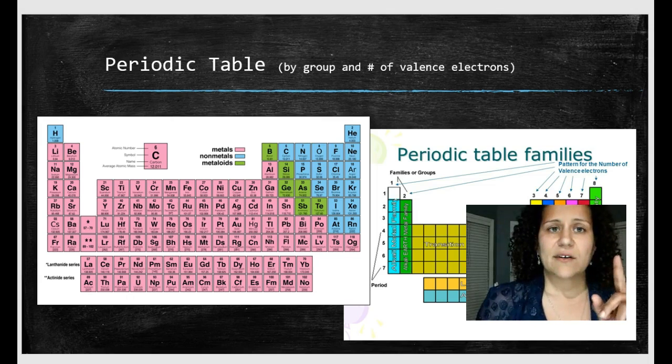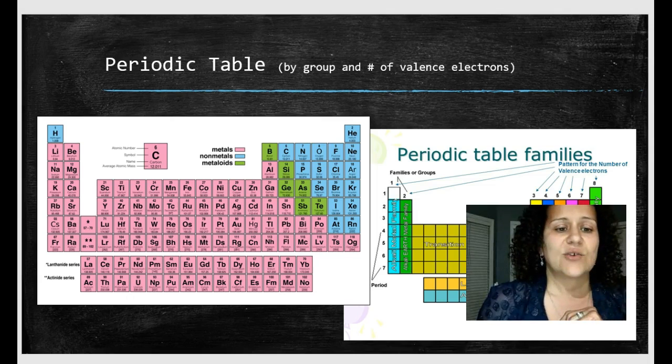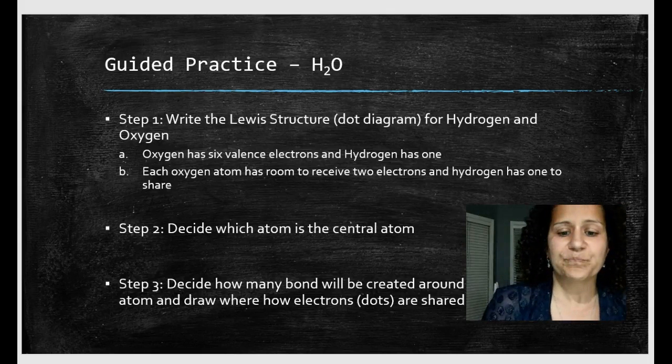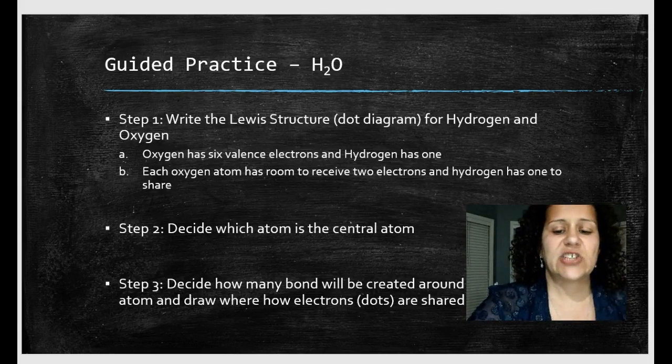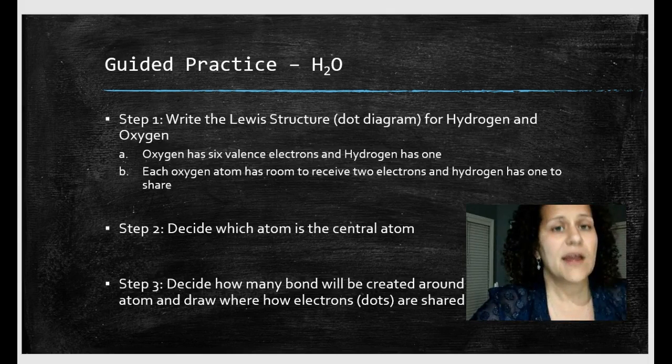So remember, if it has 4 or more, it's going to want to score. So oxygen is going to want to take some electrons, and hydrogen is going to want to give them away. Each oxygen atom has room to receive 2 electrons, because it has 6, it's going to want 2 more. And hydrogen is going to want to give away the one that it has, or share it.